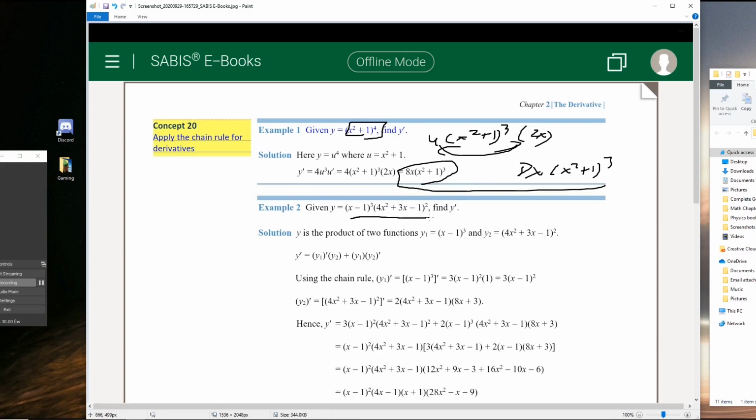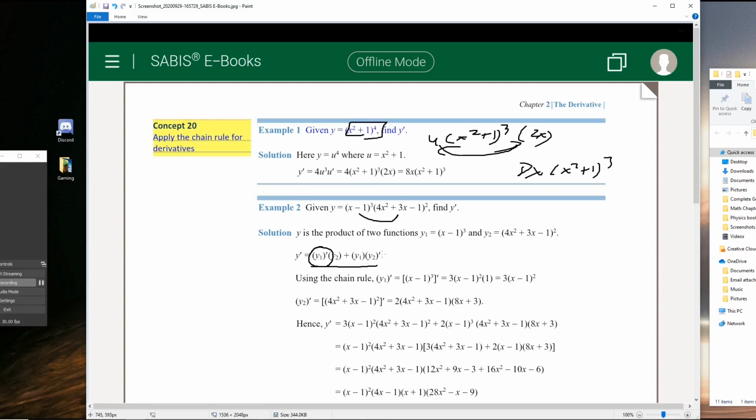And here, same thing, you just have to do it longer, but notice that you have a function and a function. These are not as simple, so you do chain rule. But here you have two multiplying each other, so you have to do product rule. And from the product rule, you notice that this is y1, right? y1 needs the chain rule, and then y2 also needs the chain rule.